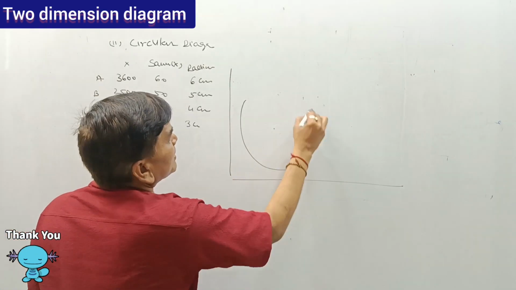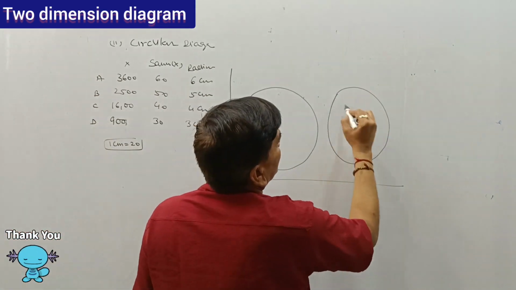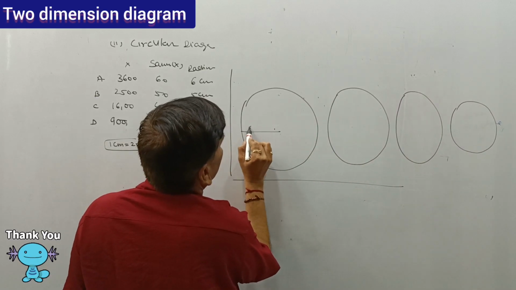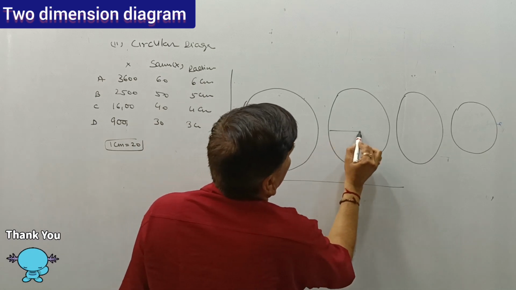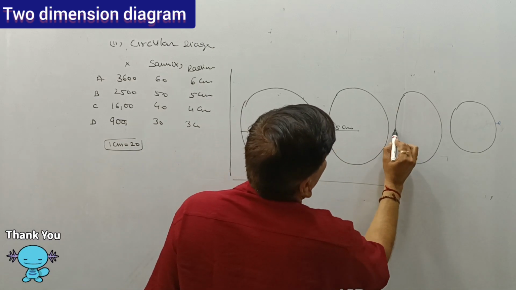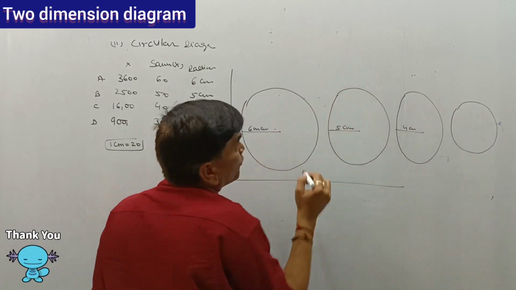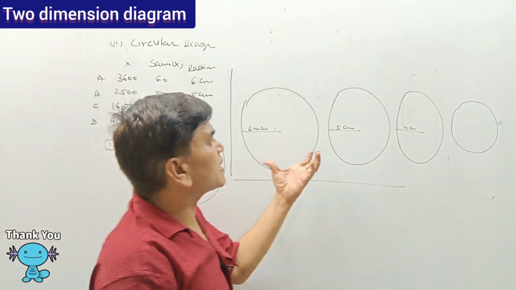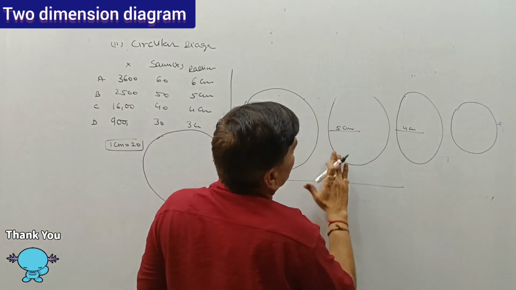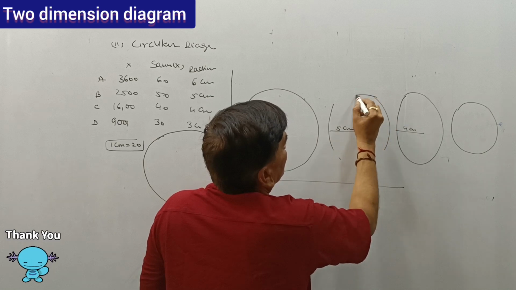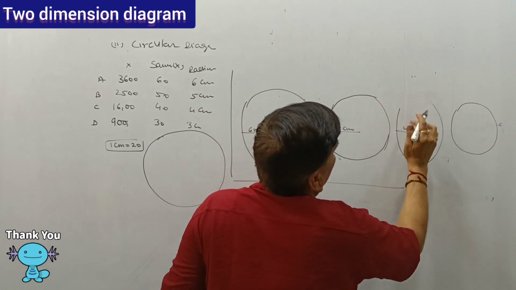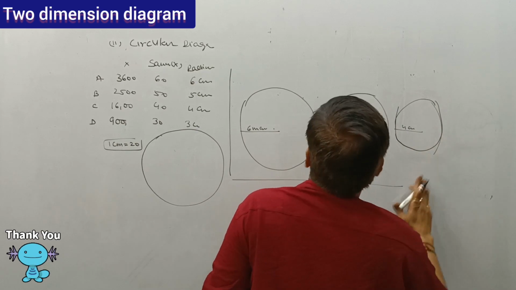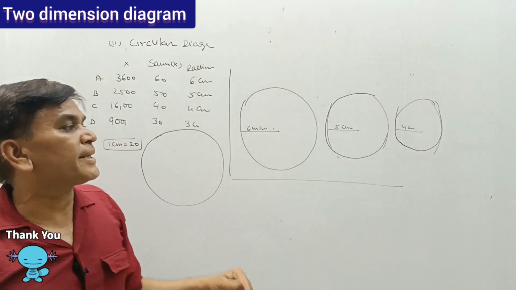So first is 6 centimeter, then 5 centimeter, then 4 centimeter, and then 3 centimeter circle. I have less space, that's why my curve is not exact. So this is called circular diagram.